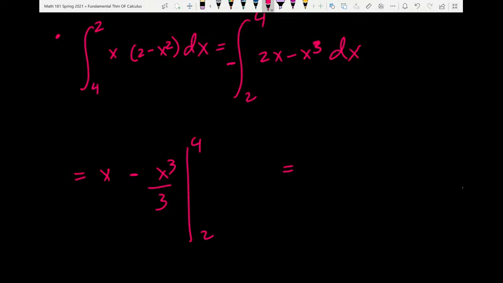So 4 minus... We get our answer to be negative 50 over 3. Oh, and then we got to plug that negative in here, and it becomes positive.